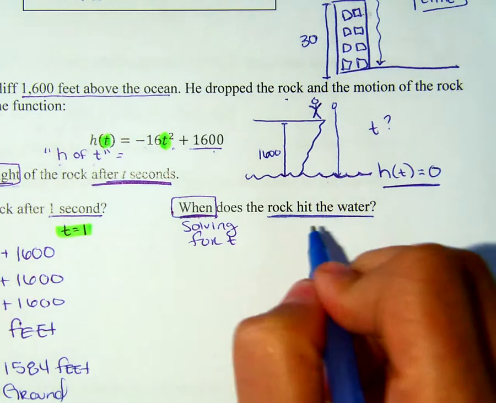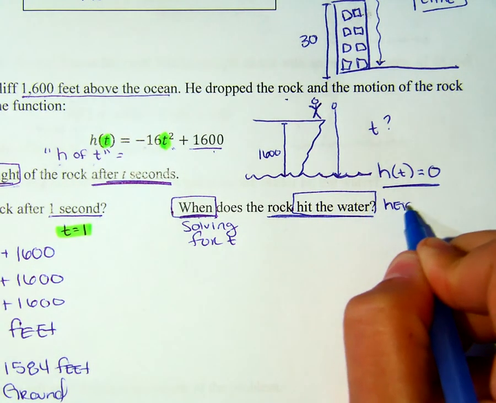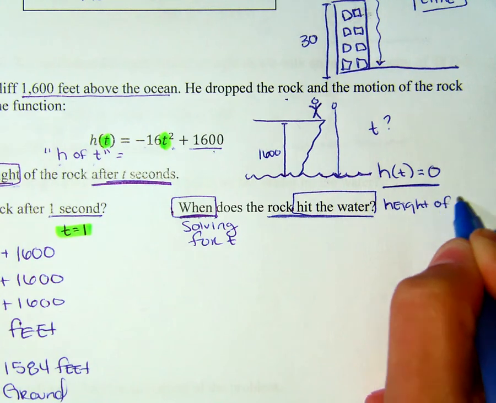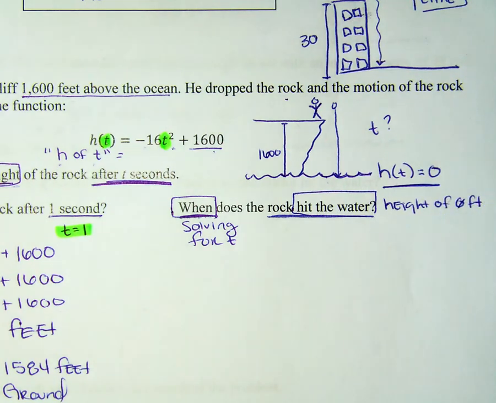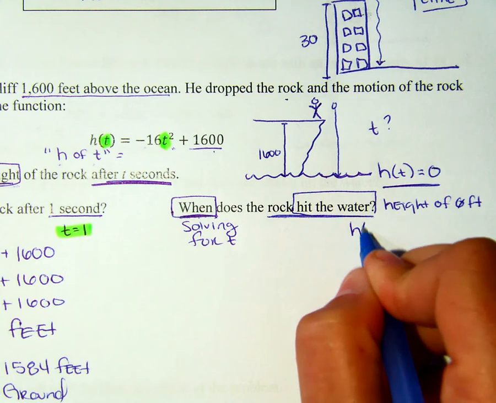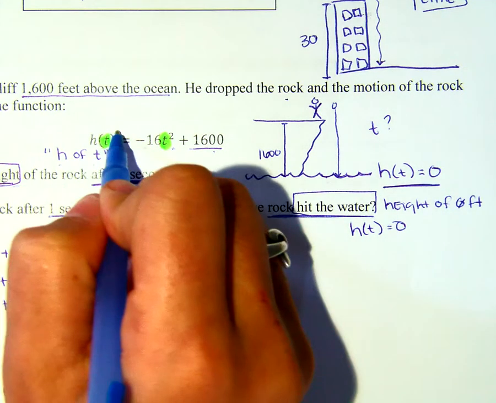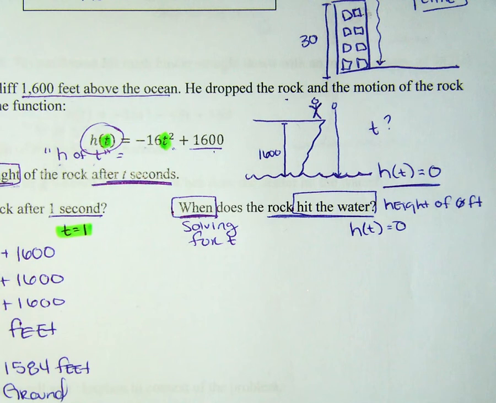So the inference we have to make is that when it hits the water, it's now at a height of 0 feet. So really, we're substituting 0 in for h of t.